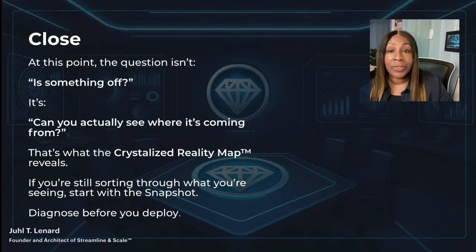It's, can you actually see where it's coming from? That's what the crystallized reality map is designed for and reveals. If you're still sorting through where this lands for you, then start with the snapshot and diagnose before you deploy.